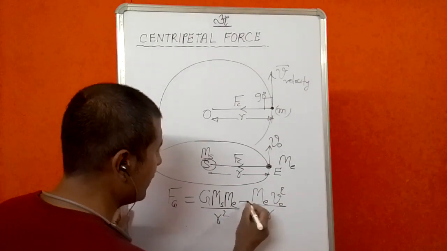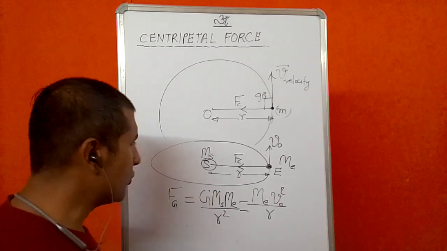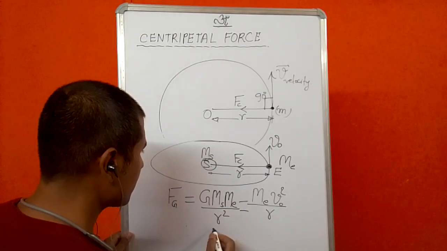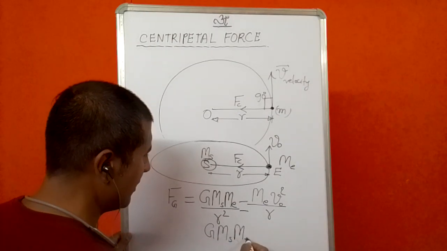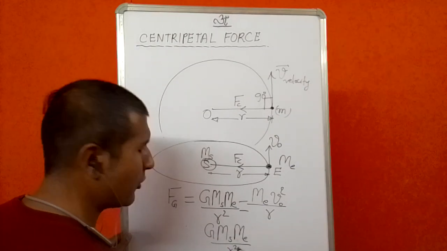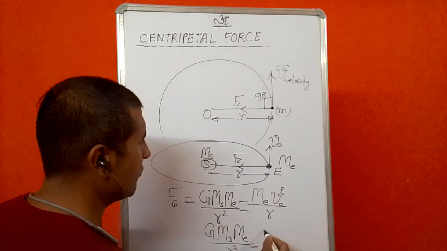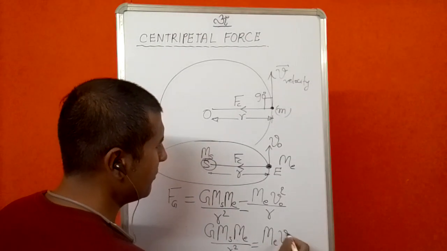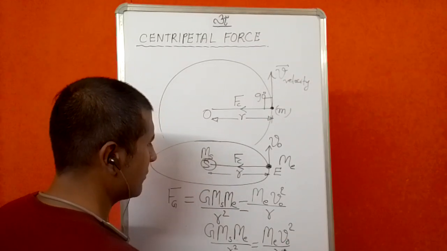So now when you equate both the two expressions, G ms me upon r square is equal to me vo square upon r.